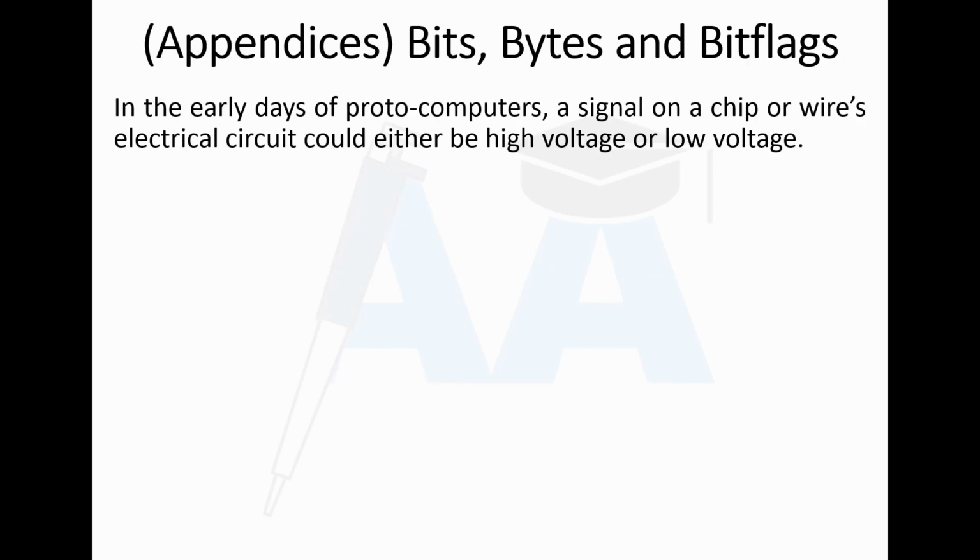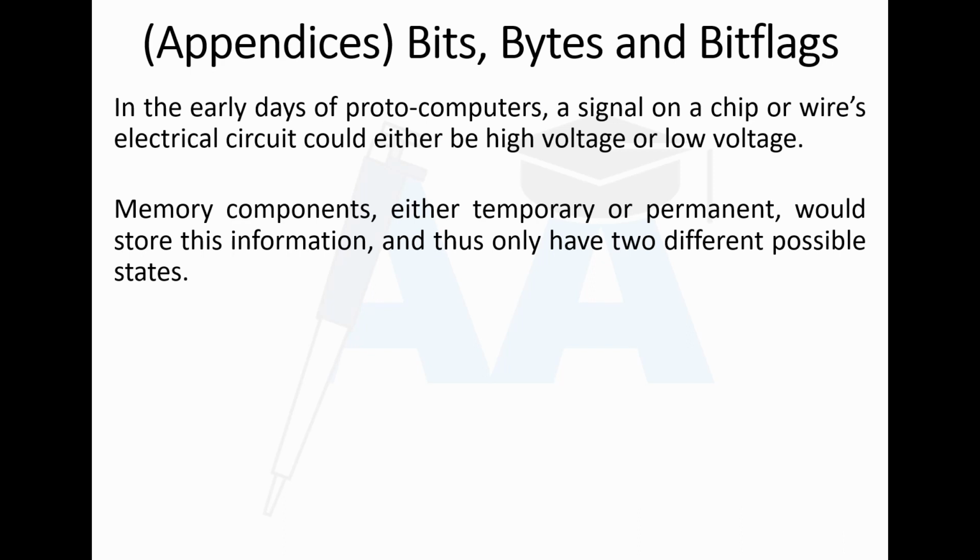Now that we know how binary numbers work, let us talk about bits, bytes, and bitflags. In the early days of proto-computers, a signal on a chip or wire's electrical circuit could either be high voltage or low voltage. Memory components, either temporary or permanent, would store this information, and thus only have 2 possible states.